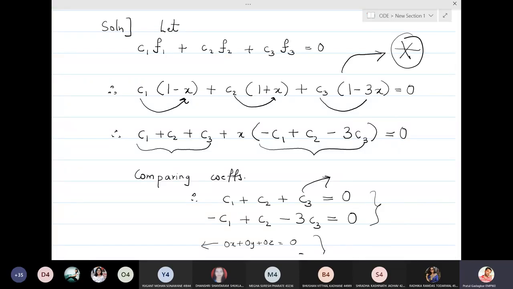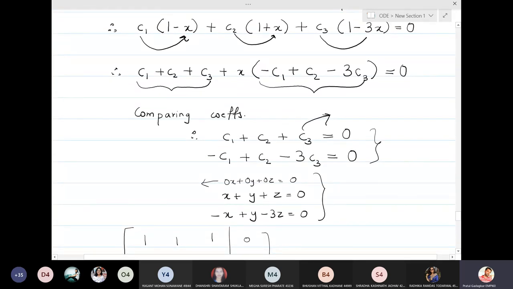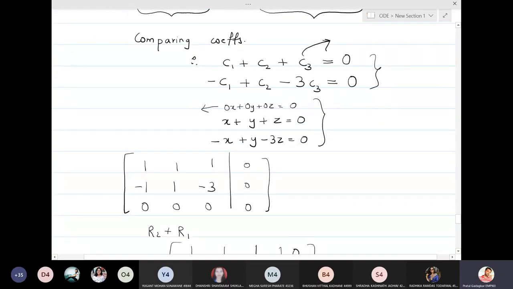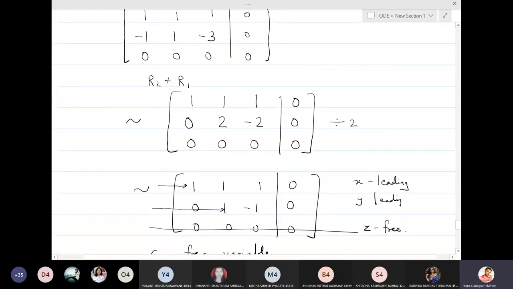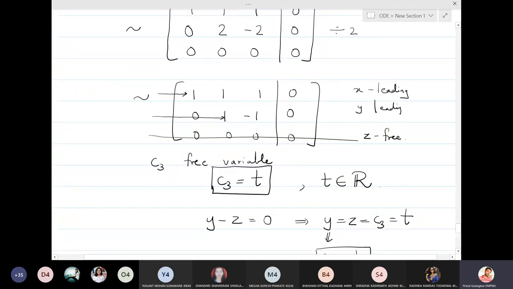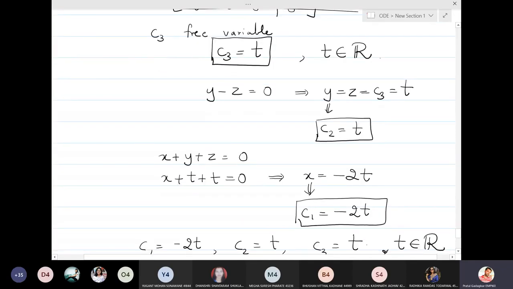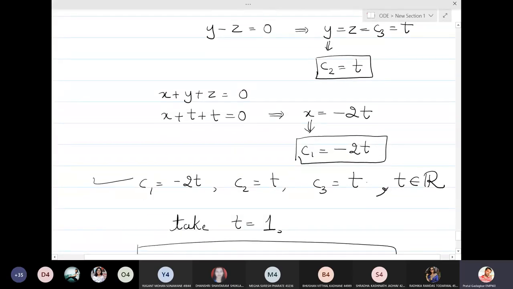But if you're not able to, just simply add the third equation as 0x plus 0y plus 0z equal to 0, and just simply recall your Gauss elimination method, which says: make the matrix in the echelon form, find out the leading and the free variables, put the free variables as t, r, s, whatever it may be, find the other variables, and once you get all the solutions in terms of t, just take any random value of t which will not give all the constants equal to 0, otherwise there's no point in doing this.